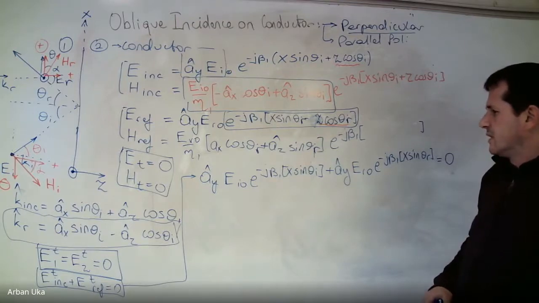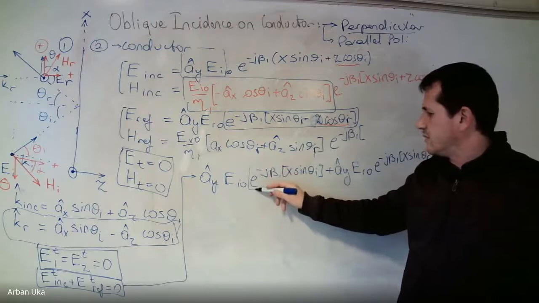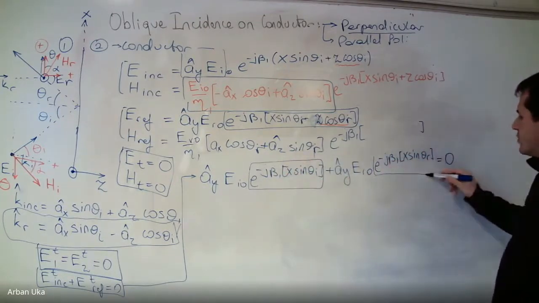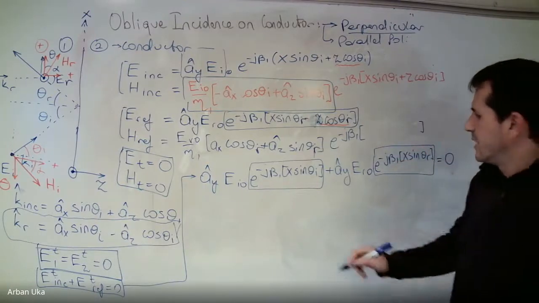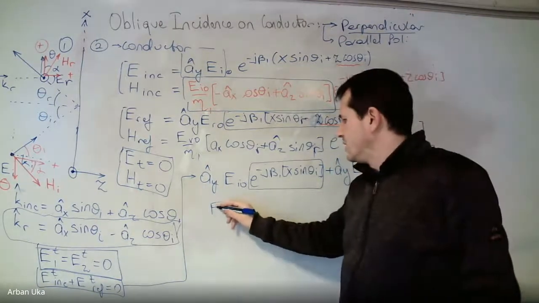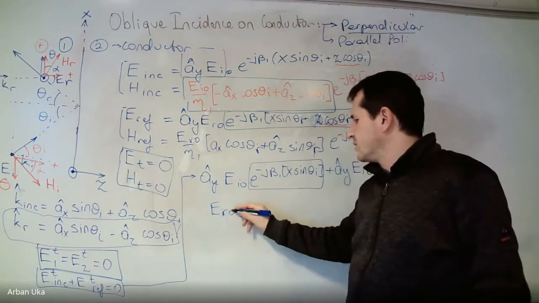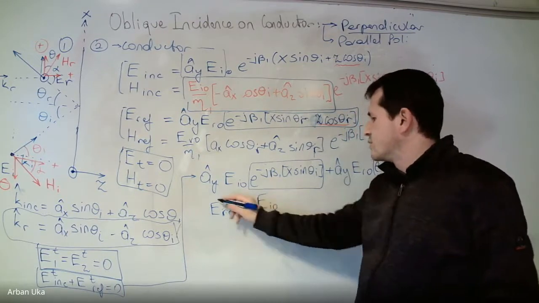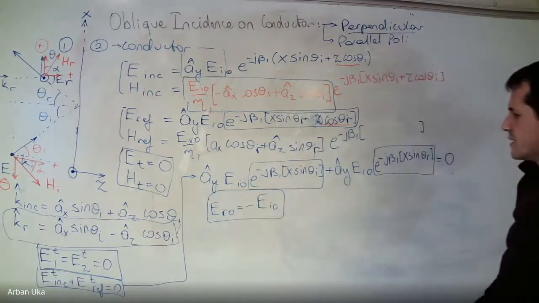This means that the only possible option is that this whole term should be equal to this whole term. So these two exponential terms should be the same, and also ER0 should be equal to minus EI0, which means that the reflection coefficient should be equal to minus 1.